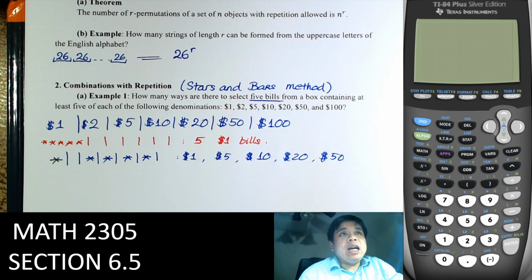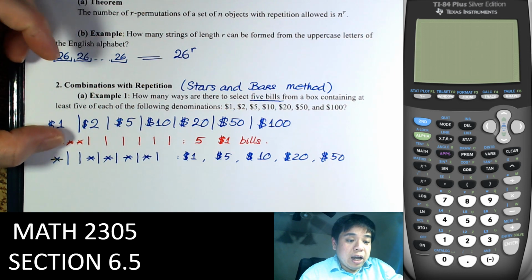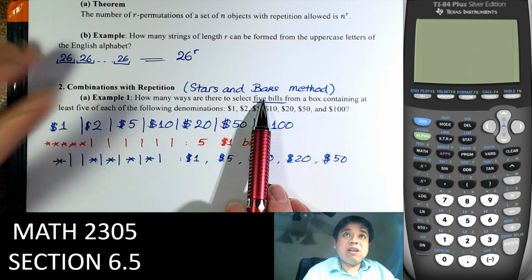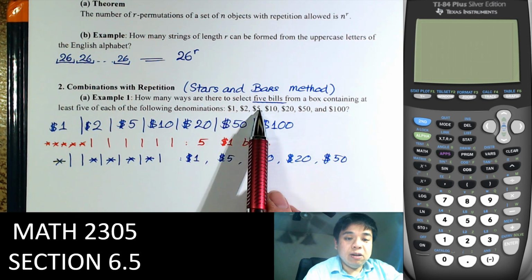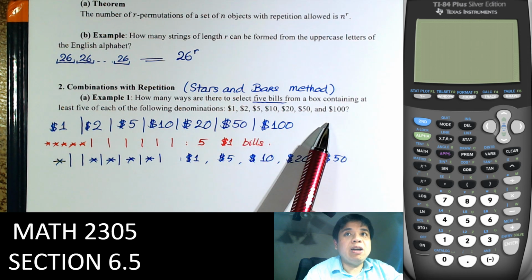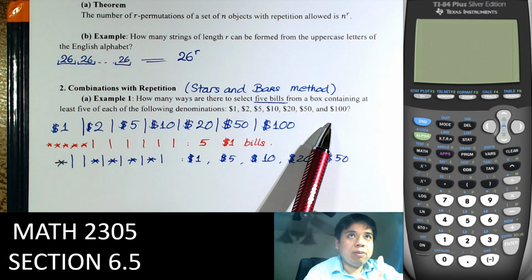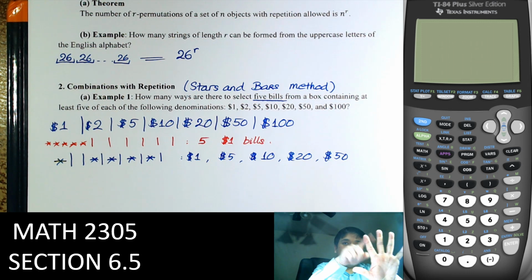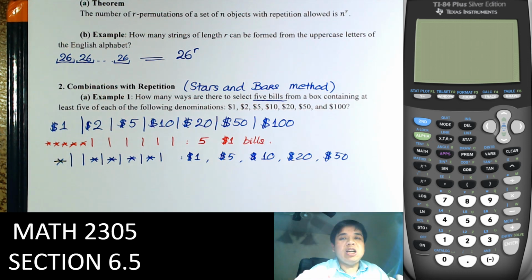As you see, it doesn't matter how we represent it, the number of stars and the number of bars add up. The number of stars equals the number we have to select, 5, and the number of bars is the number of choices we have, 7, minus 1, right? Because there are 7 of them, but we have to place the bars in between, so there's one less. So 5 fingers between them, there's only 4 dividers, if you will.